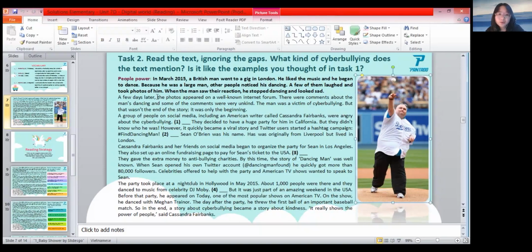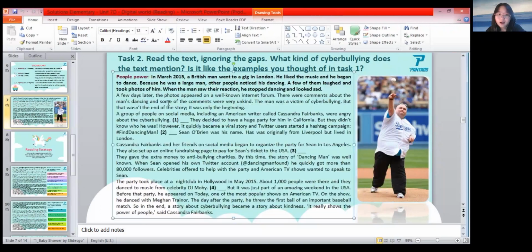So you can see here the photos of a man dancing appeared on the internet forum, and there were some comments that were very unkind, and the man was a victim of cyberbullying. Okay, so that was the beginning of the story, and we're gonna read the next one. A group of people on social media were angry about the cyberbullying.